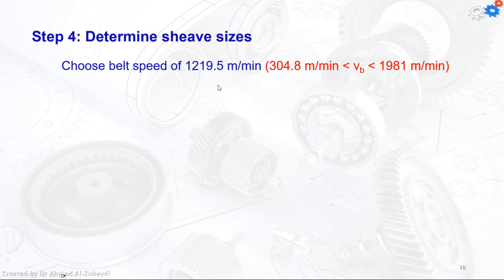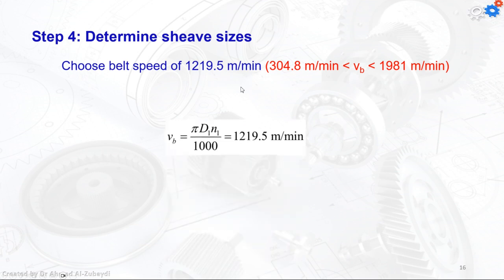This is the range, because the range is anything between 304.8 meter per minute and less than 1981 meter per minute. So we choose something like 1219. Actually, this is a specific one because this has been changed from feet per minute to meter per minute.